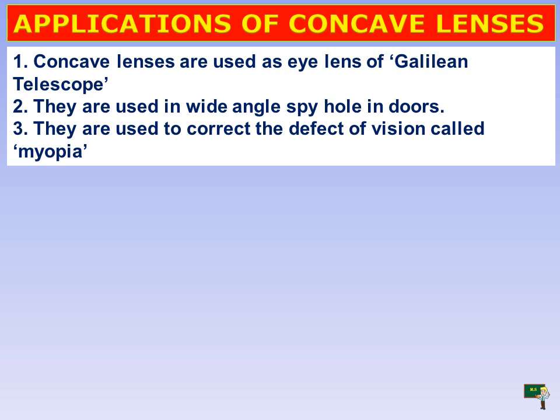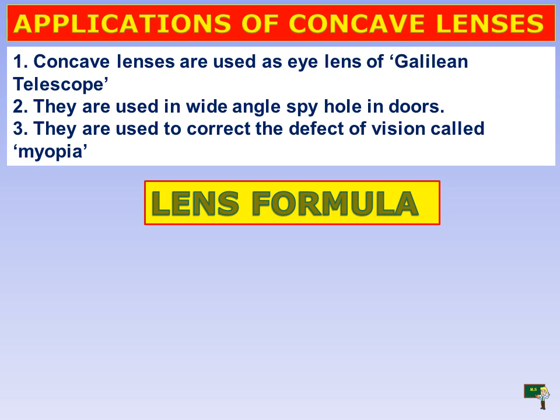Second, they are used in wide angle spy holes in doors, which people inside a home use to see the image of a person outside. Then they are used to correct the defect of vision called myopia.